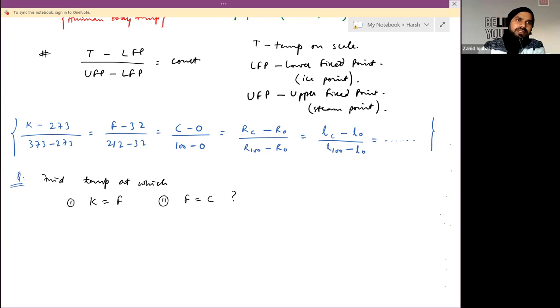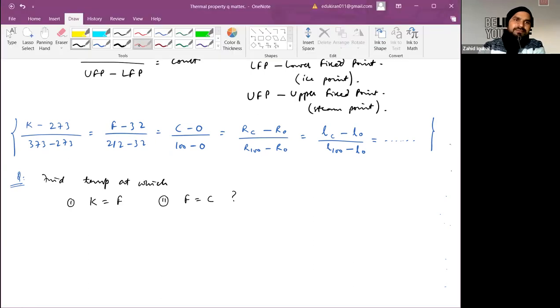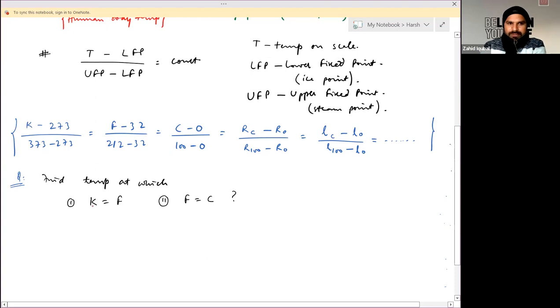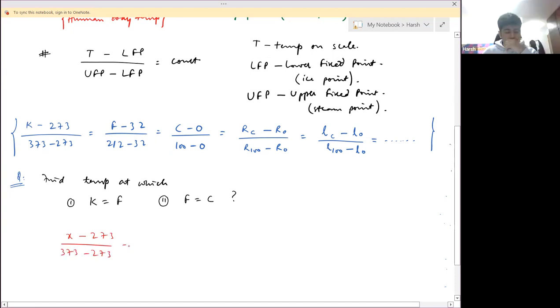So how to calculate? Use the above expression, put x in place of K and in place of F, on both sides. So you may write the above expression as x minus 273 divided by 373 minus 273 equals, in place of F, also x minus 32 divided by 212 minus 32.